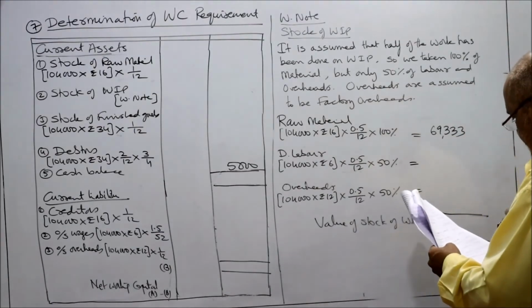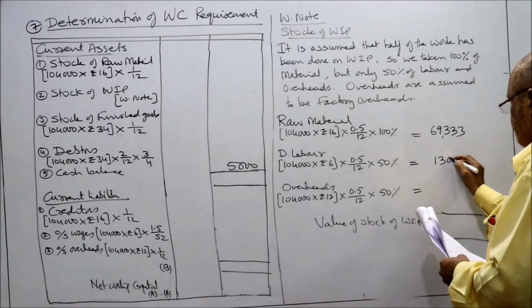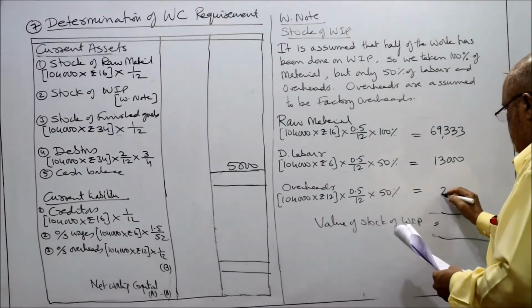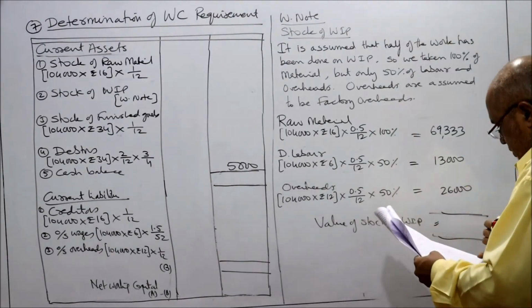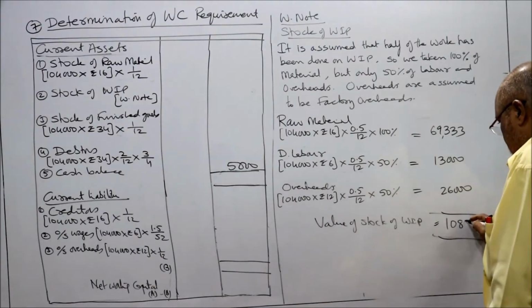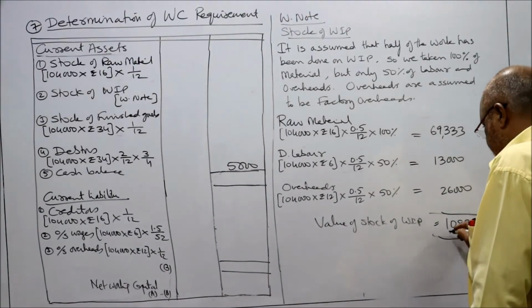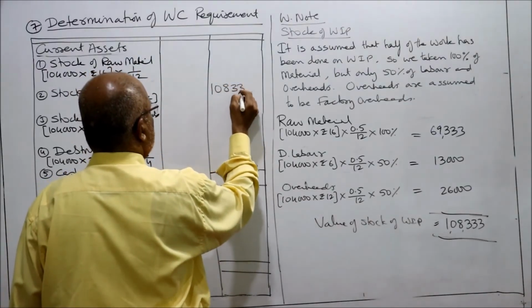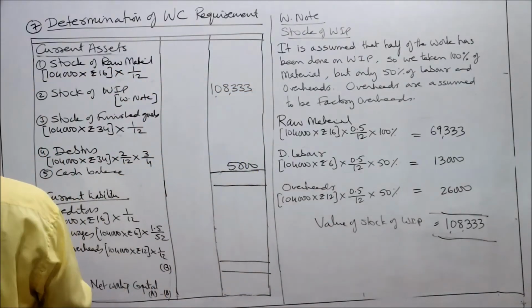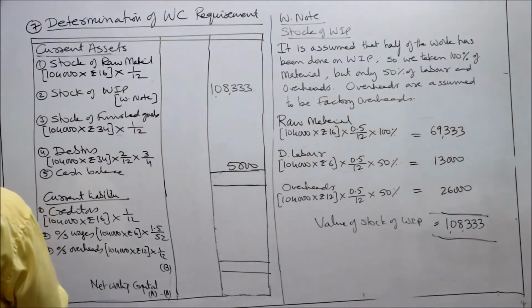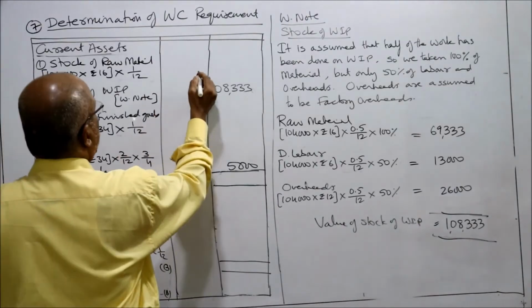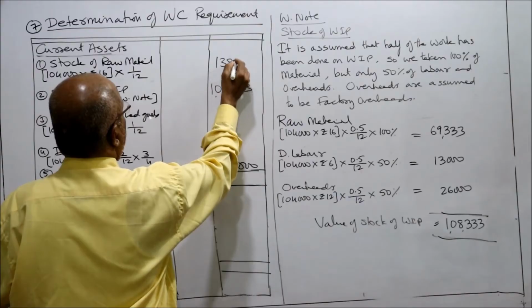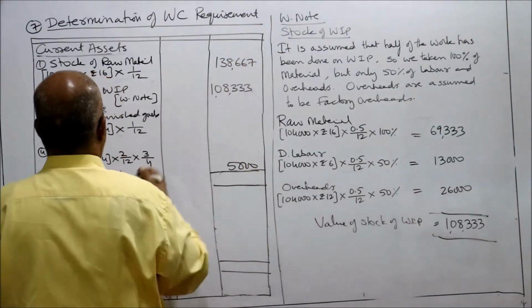Nine 333, 13,000. Here it is 26,000. The total comes to 1,08,333. And stock of raw material 1,38,667.